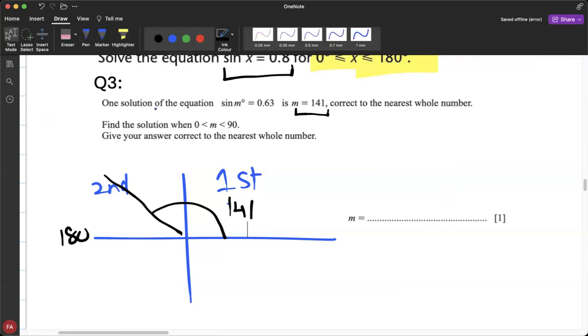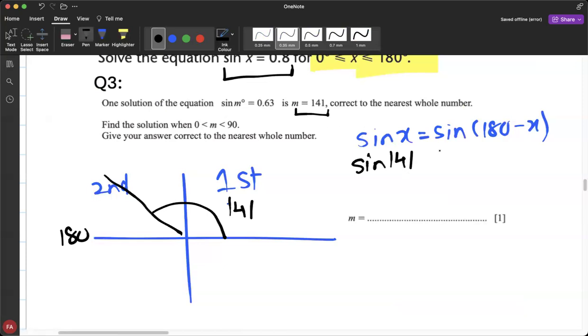Anyway, we know 141 lies over here. And I'm very certain that there must be an angle in the first quadrant that's also going to give us the same answer. Now, again, what's that identity? Sine x equals sine 180 minus x. So I can plug in the value. Let's just take x as 141. That's going to be sine 180 minus 141. I can say that's going to be sine of 39.